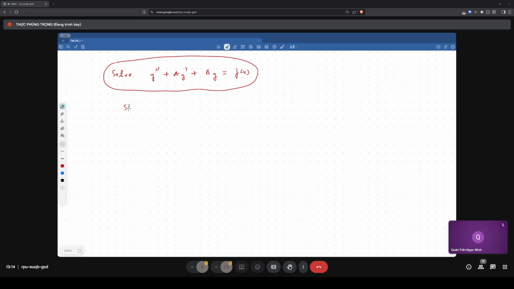So step one, find a particular solution, yp. This is the main step. This is the main step. And then step two. Step two is just, get the answer.